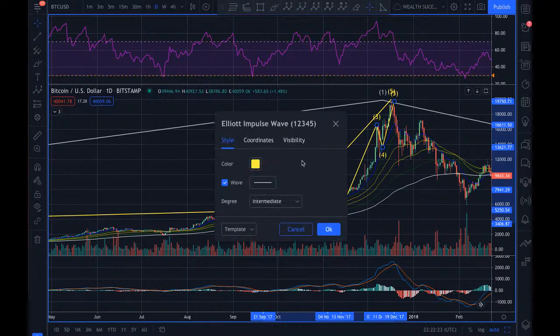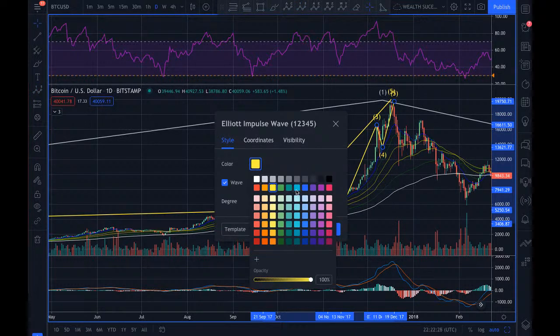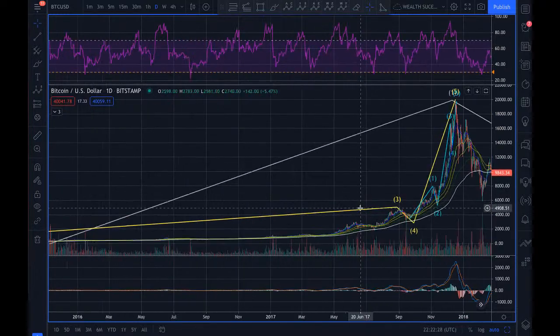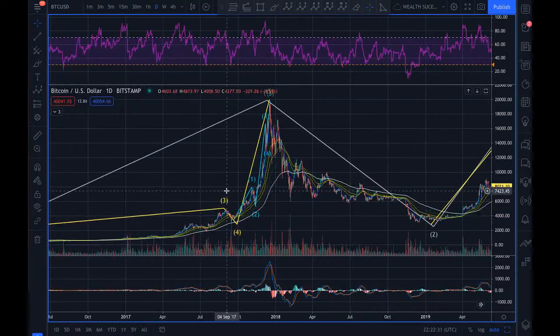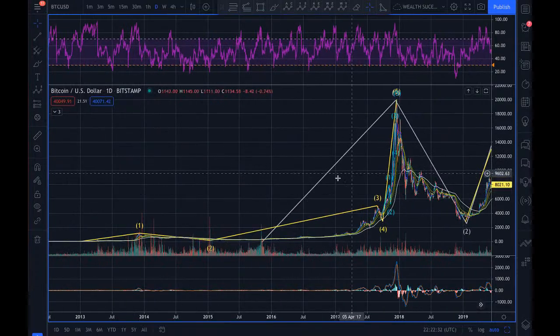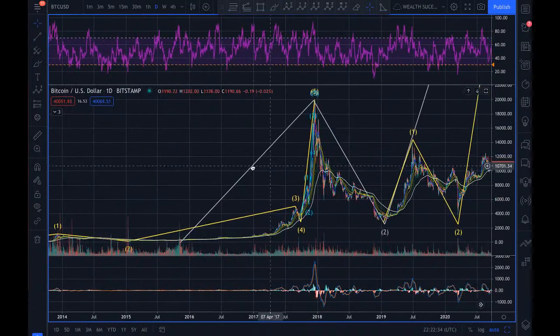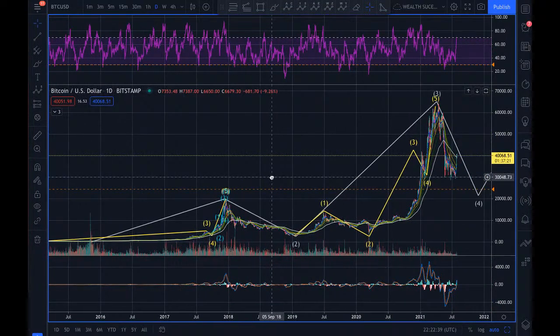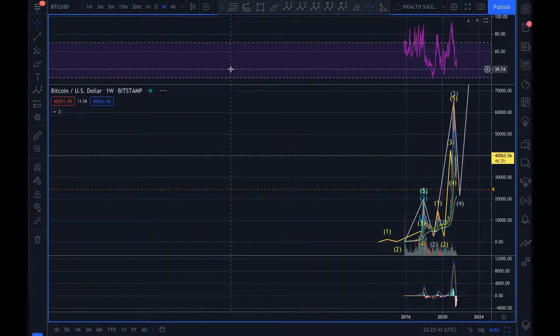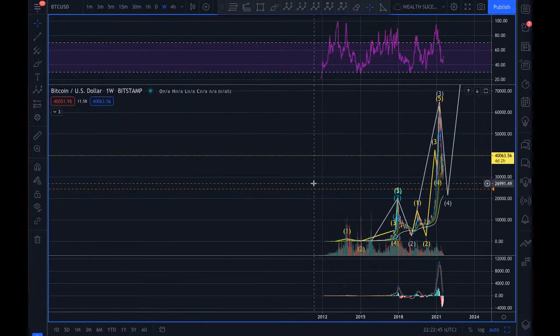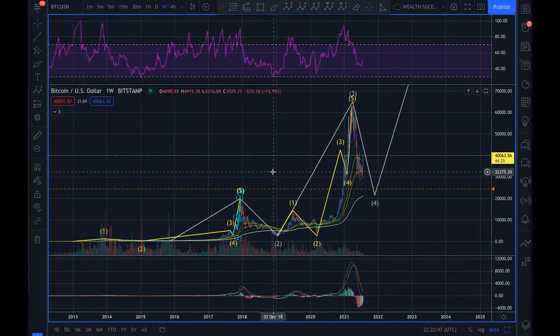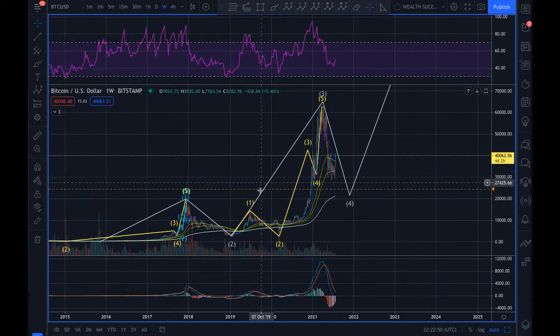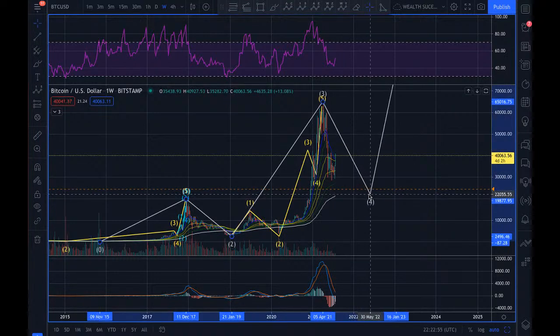The subwaves like this. And then this wave 4, who knows when it's going to end.